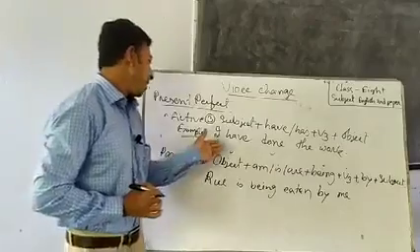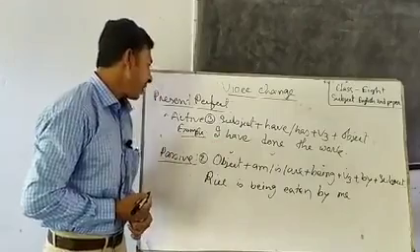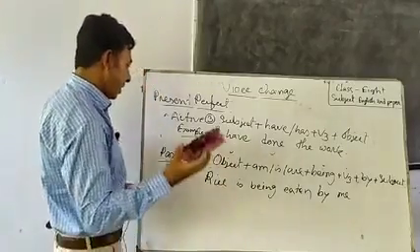Here is a complete sentence. I have done the work, which is present perfect tense and active also. How to change it?